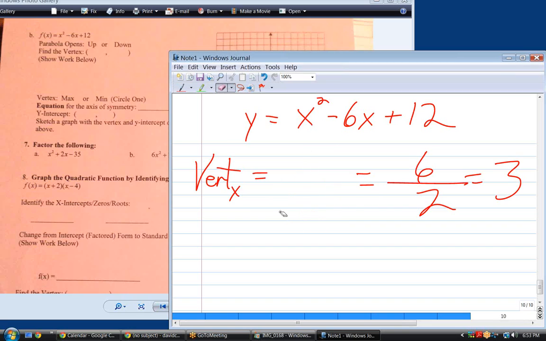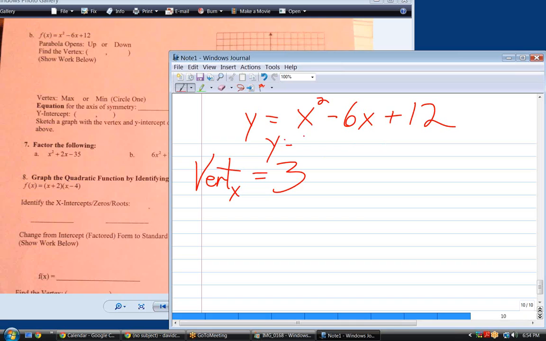Now, to get the y-coordinate of the vertex, plug in the x-coordinate into your equation and see what y is equal to. So I'm going to say y equals 3 squared minus 6 times 3 plus 12. What is that number?